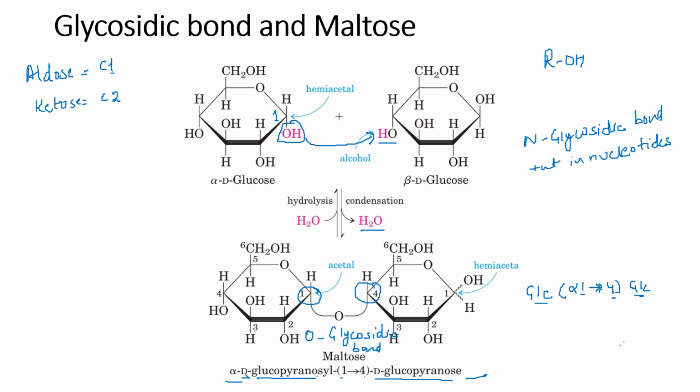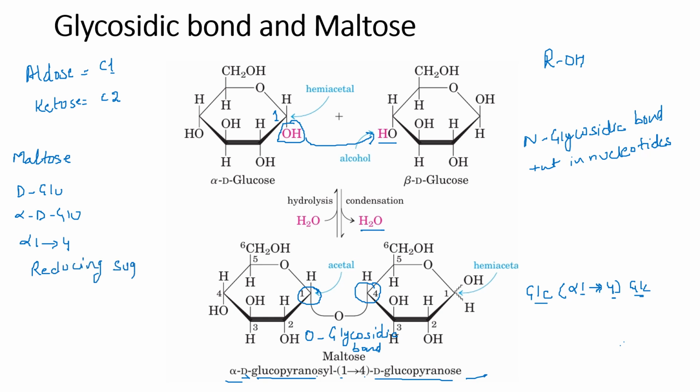Now, if we talk about maltose, it is a disaccharide of D glucose, specifically alpha D glucose. The linkage is alpha 1 4, and it is a reducing sugar.